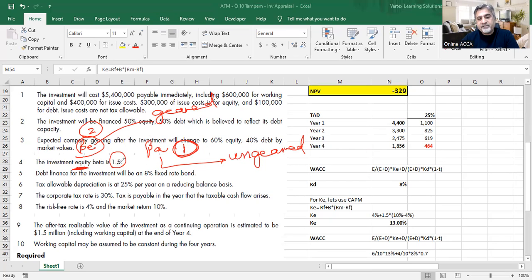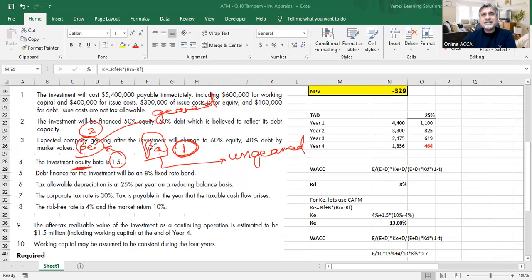So what we are given, 1.5, is the equity beta, which includes two risks. And I want to eliminate one risk. Which risk? I say I'm doing it with my own money. There is no debt, so there is no risk. If I remove the debt, what should be my asset beta?